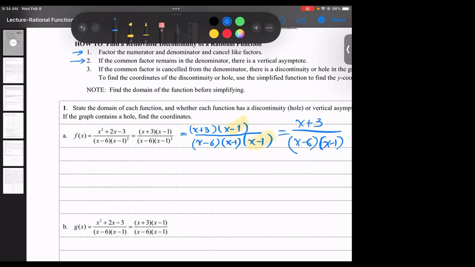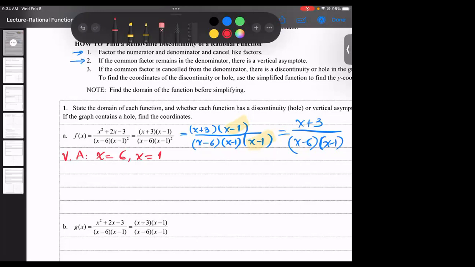So you would say VA, vertical asymptote, is x equals 6 and x equals 1, since it's remaining in the denominator after the cancellation.